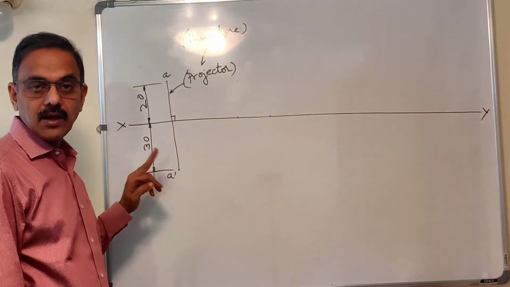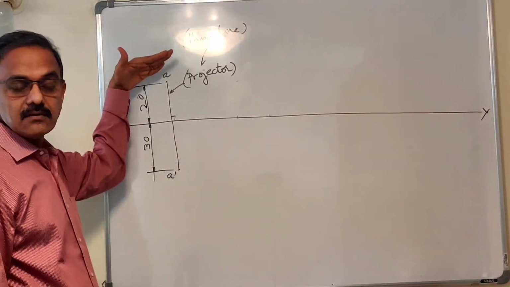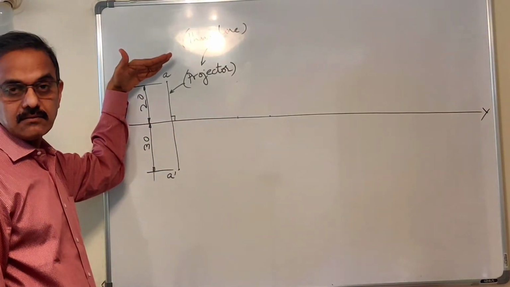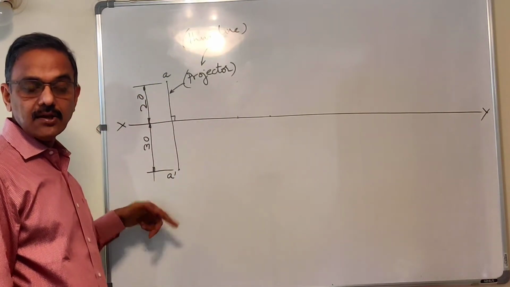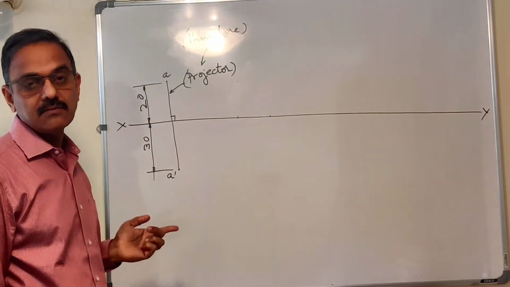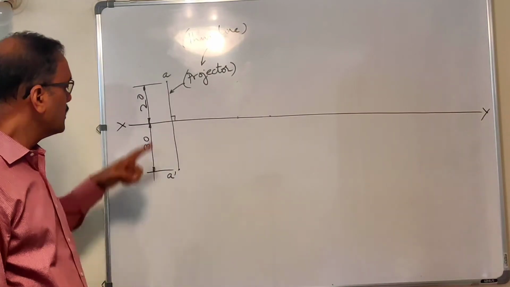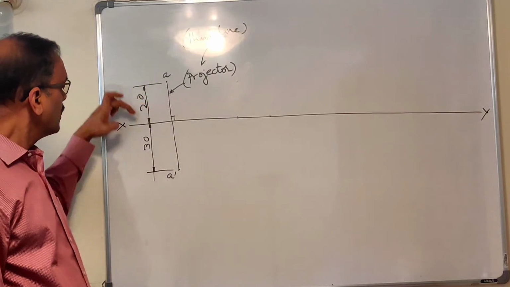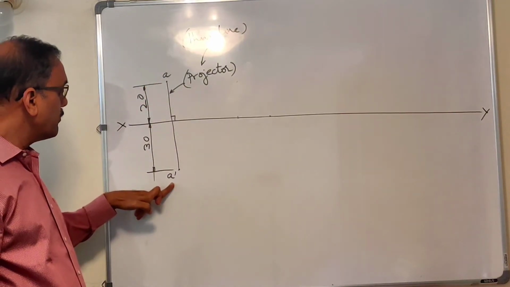Accepted? I repeat once again. Because I find the top view above XY line, it should be behind VP. And because I find the front view below XY line, it should be below HP. So my statement is like this. The point A is 20 mm behind VP and 30 mm below HP.